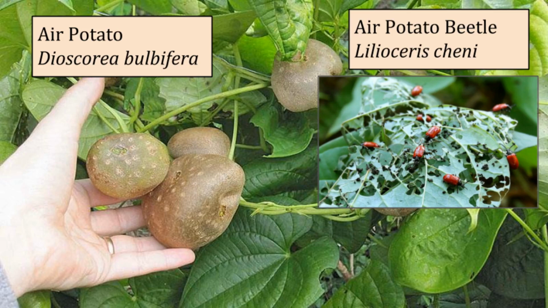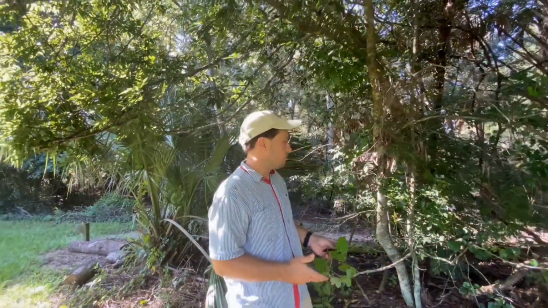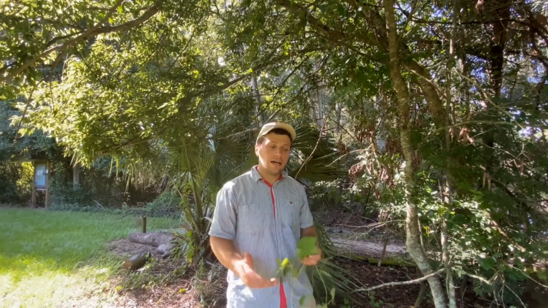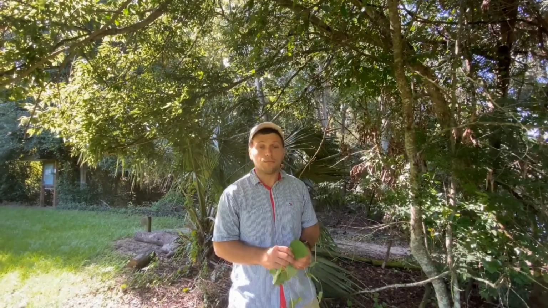This is provided through extension, and this is also a great tool to be able to really manage the species. Again, it's not going to annihilate, it's not going to eradicate the species, but it will help really control and manage for it.